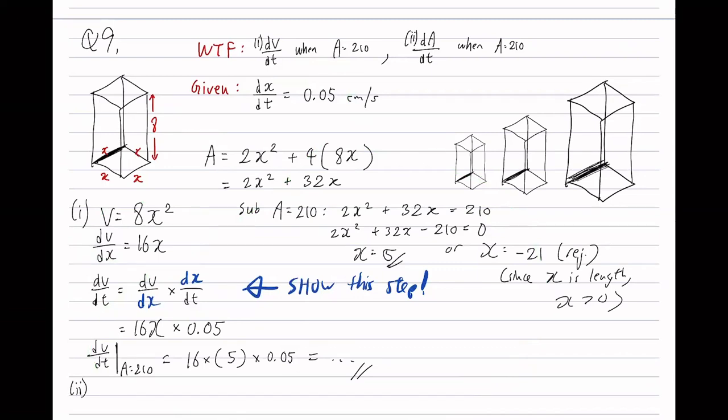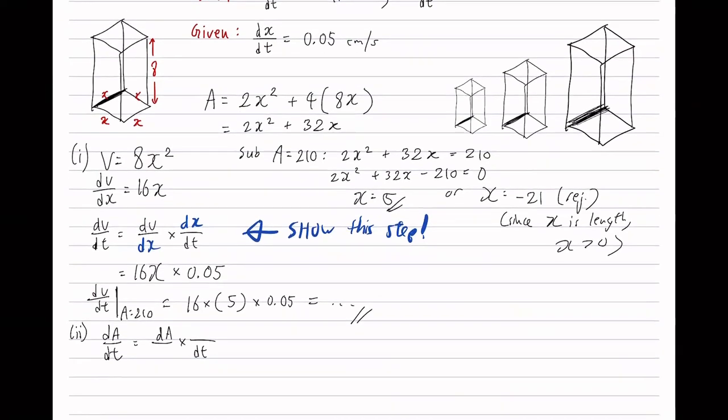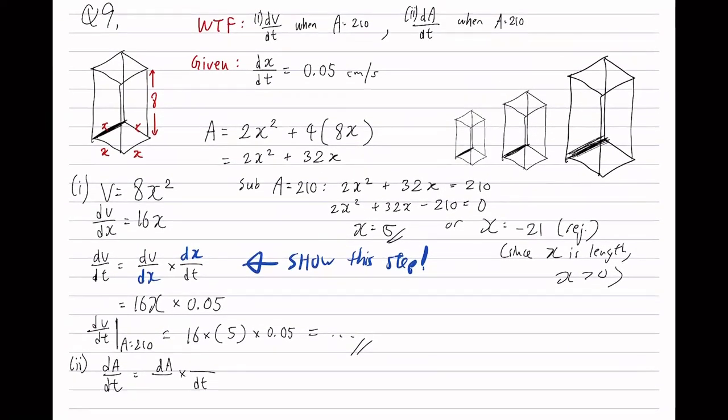So dA by dt. dA over dt equals dA over blank times blank over dt. You have dV over dt. Okay, this part okay, this part not okay. How to find dA over dV? 1 over dV over dA.